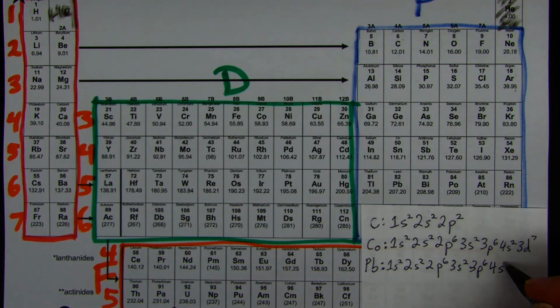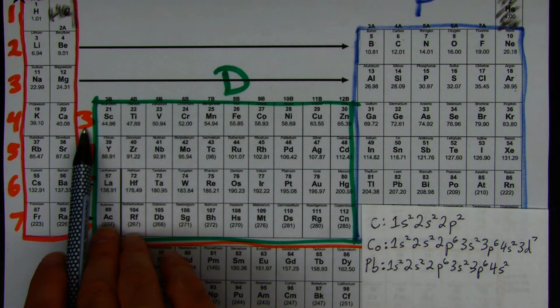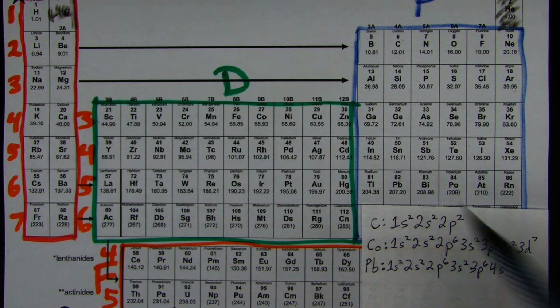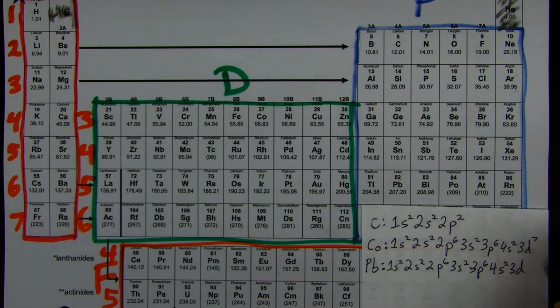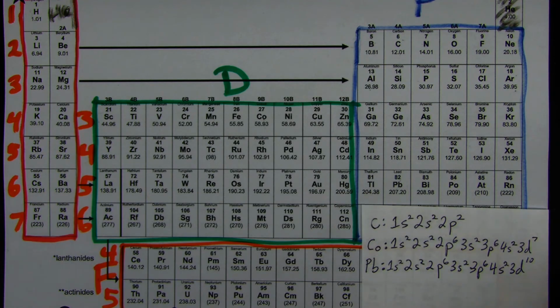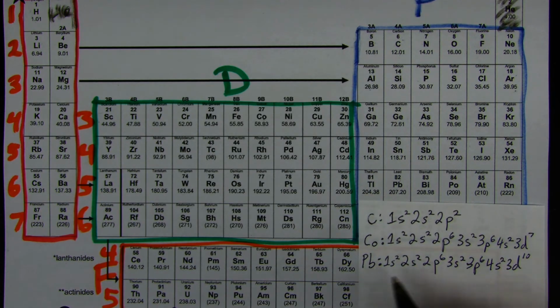So that's 2. Now we're in the D block, number 21. So again, 3D. So we're at 3rd energy level, D sublevel. So 3D, we're going to go through all 10 of those. So that's going to be 10, 3D10. Okay. We're going to have to give ourselves some room here. So I'm going to go down here.